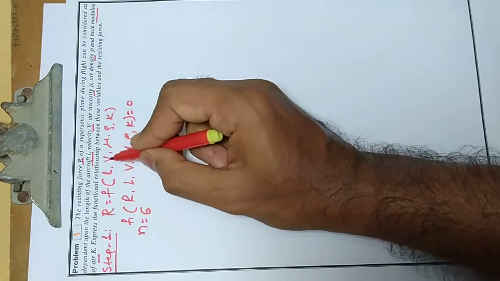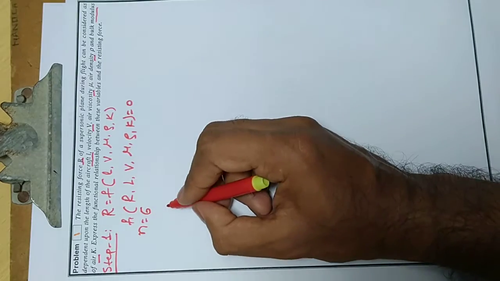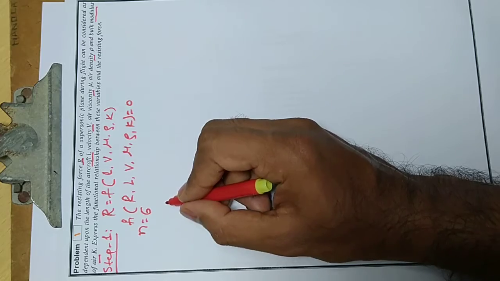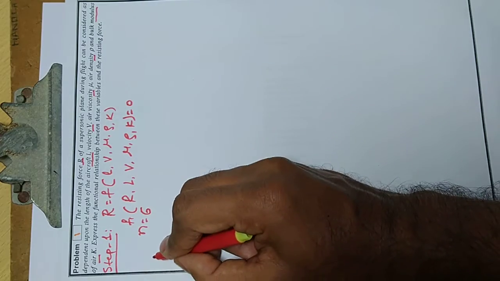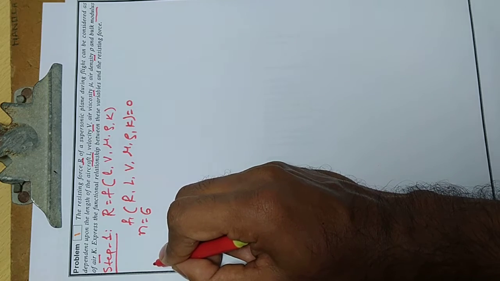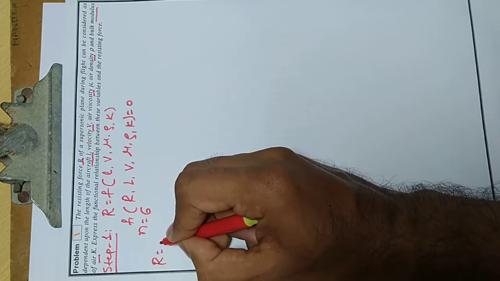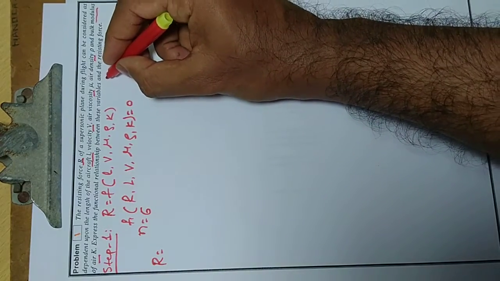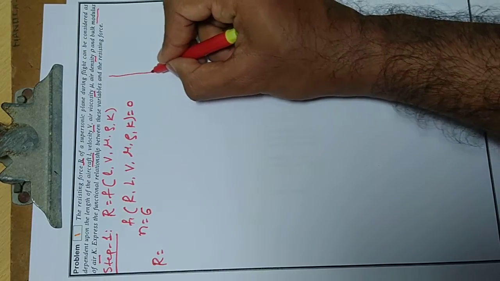Now we are going to write the dimensions for all of these. I have explained this many times, but I will explain it once more. First we write the dimensions of the resistance force R. I will take a rough work area here to write the dimensions.